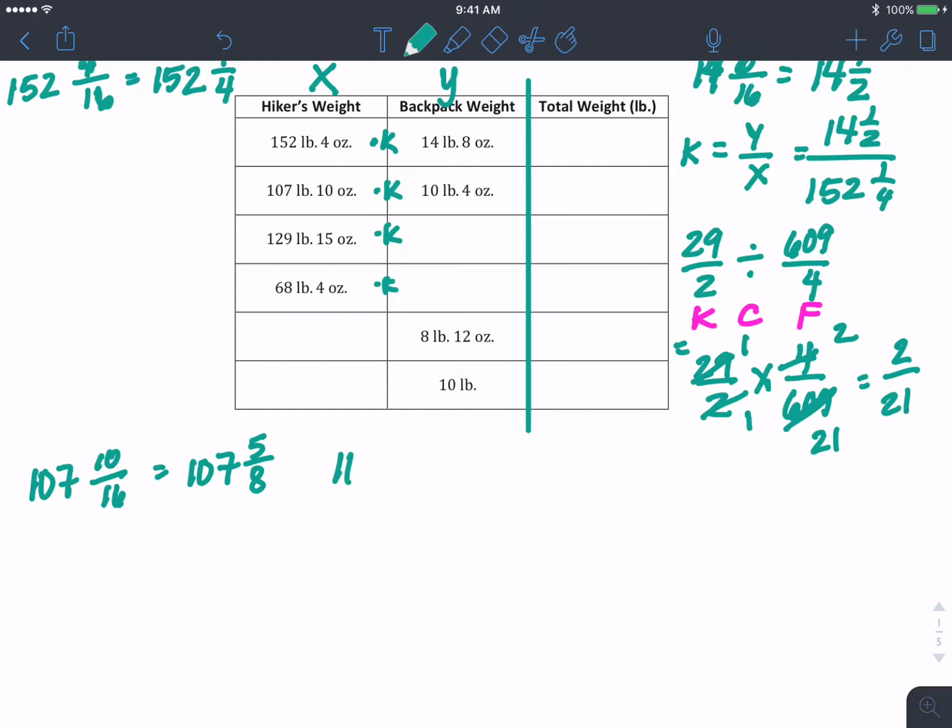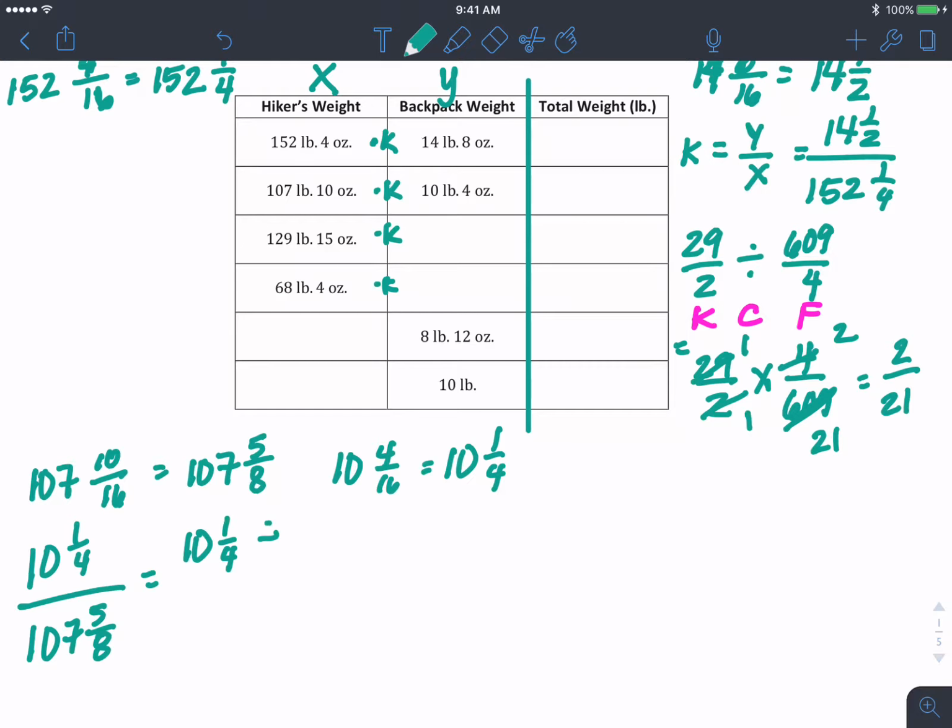And then we have our 10 pounds and 4 over 16, which is going to turn into 10 pounds and 1/4. Again, we're going to take our y value and divide it by our x. So we have 10 and 1/4 divided by 107 and 5/8.